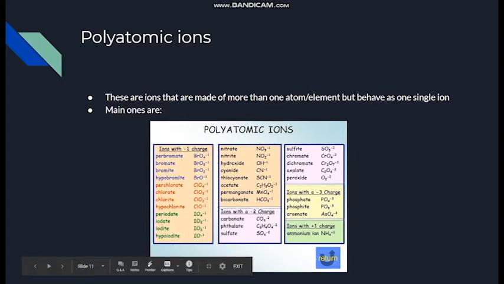The main ones are bromate, bromite, chlorate, chlorite, iodate, iodite, nitrate, nitrite, hydroxide, cyanide, acetate, permanganate, bicarbonate, carbonate, sulfate, sulfite, chromate, dichromate, phosphate, phosphite, and sometimes ammonium as well. Make sure you know all of these as they are shown.